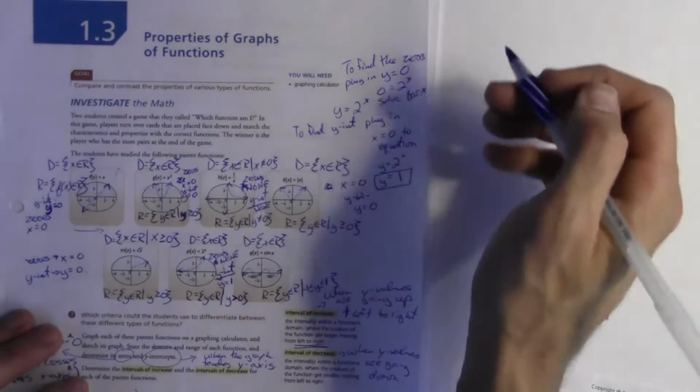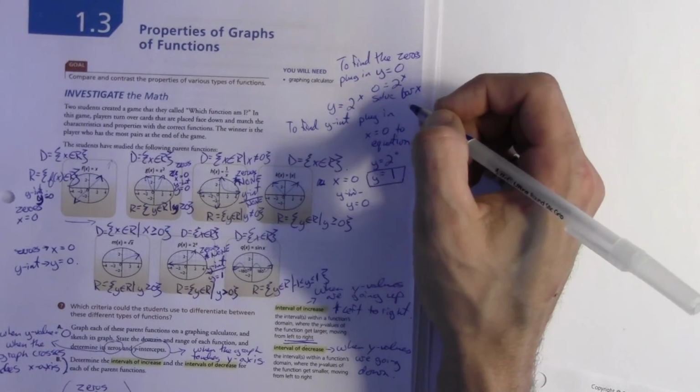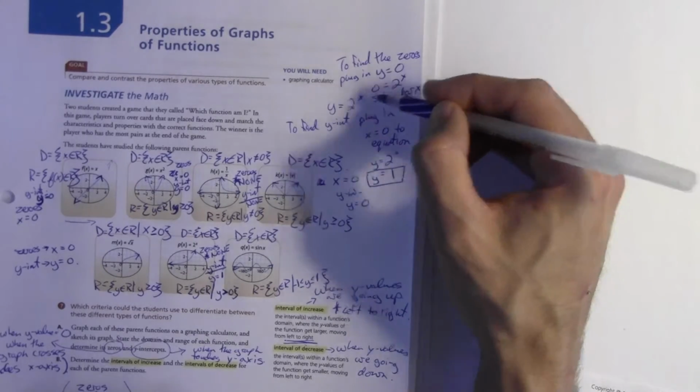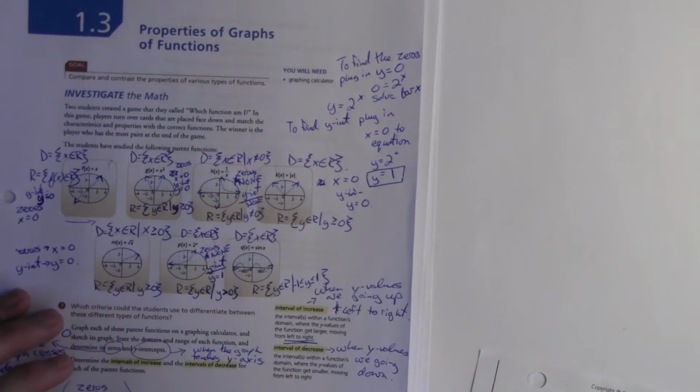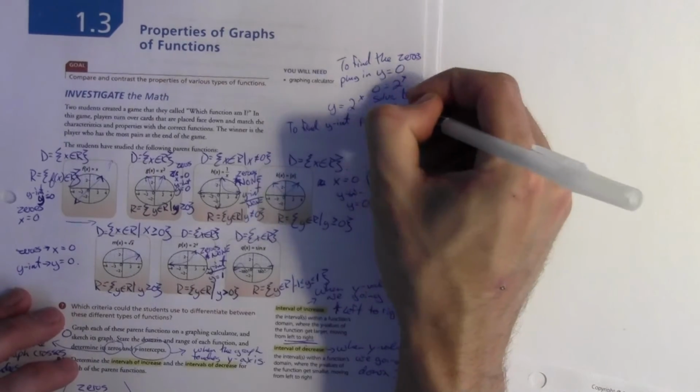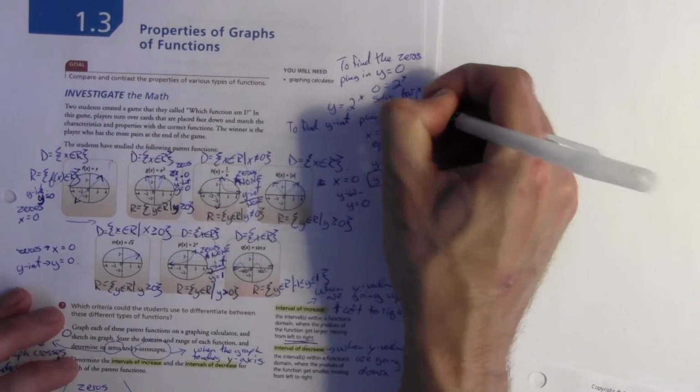Okay, and in this case we would have x as undefined. There's no number that we can put there that would give us the value of 0. That's how we know there's no zeros for that graph.